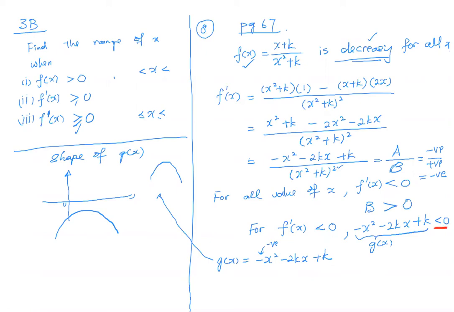So is there an x-intercept here? Because of this, there isn't an x-intercept. If no x-intercept, what should the determinant be?